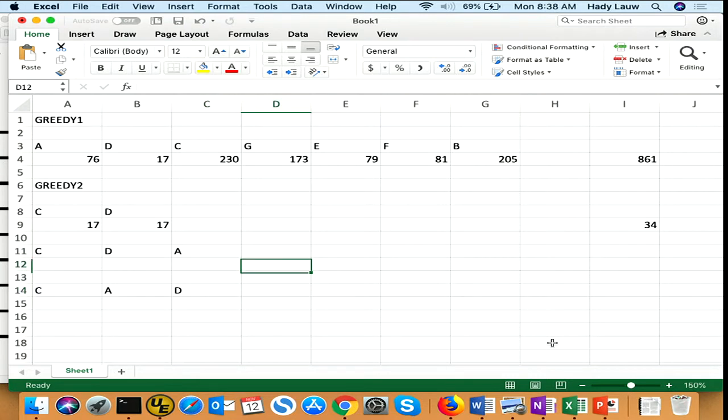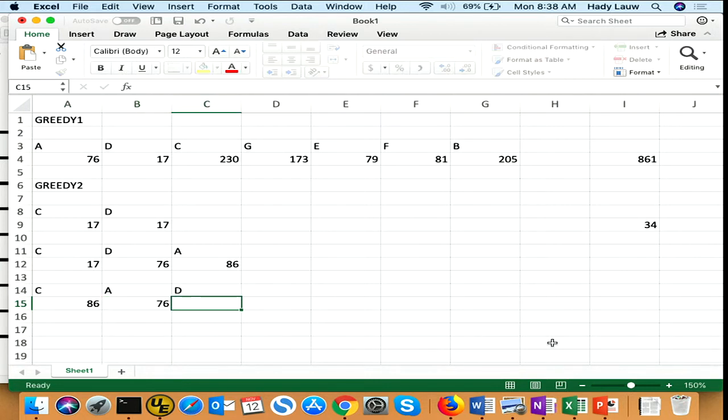So putting A next to D could mean CDA, or it could mean CAD. But in this case, because all three edges are the same, they are going to be exactly the same distance. CDA: CD is 17, DA is 76, AC is 86. Now if we go for CAD: CA is 86, AD is 76, and then DC is 17.